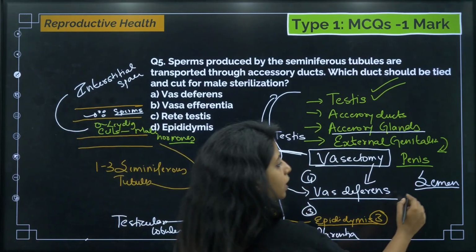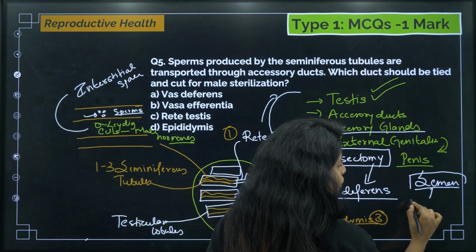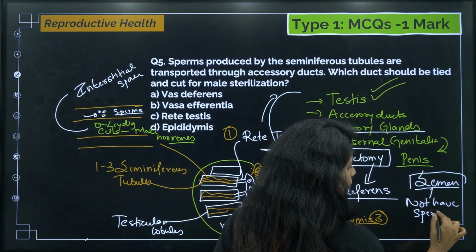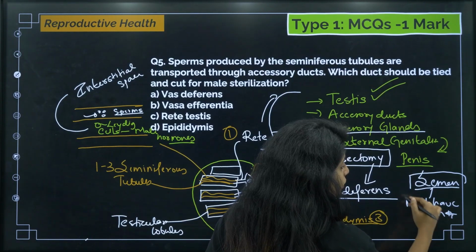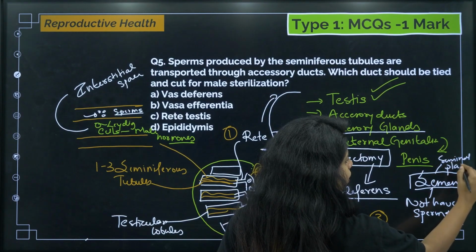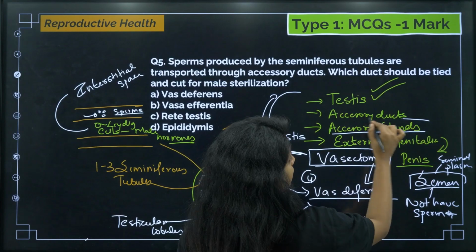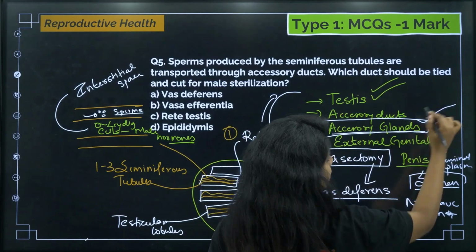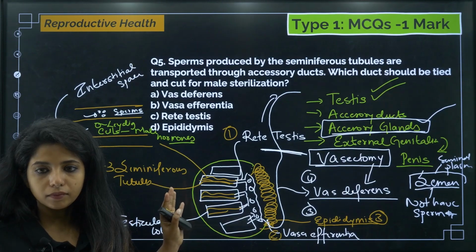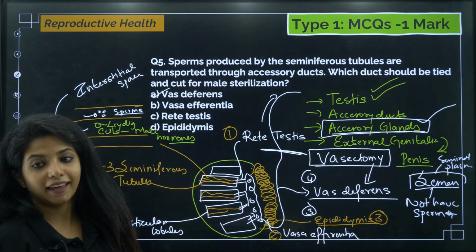In the external genitalia, semen will be released, but this semen will not have sperm in it. It will be just the fluid. That is what? Seminal plasma, which will be released by these guys. Seminal plasma is the secretions that are released by accessory glands. So basically those secretions will be there. Cool. So the answer will be A.